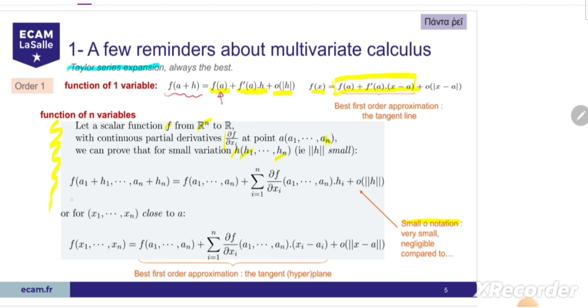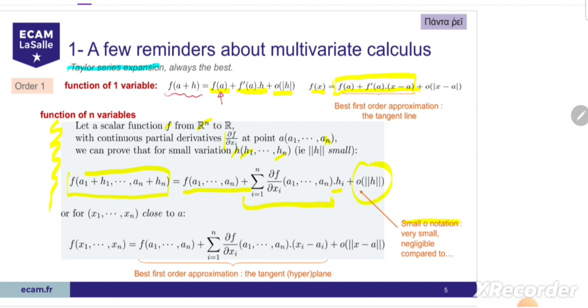In that case, the value of your function f at a plus h, so if you start from your point A with those n components and do this small displacement in the direction h, you're going to have something very similar to what's preceding, meaning the first approximation is the value of your function at point A, and then the sum of the partial derivatives times the corresponding displacement, right?